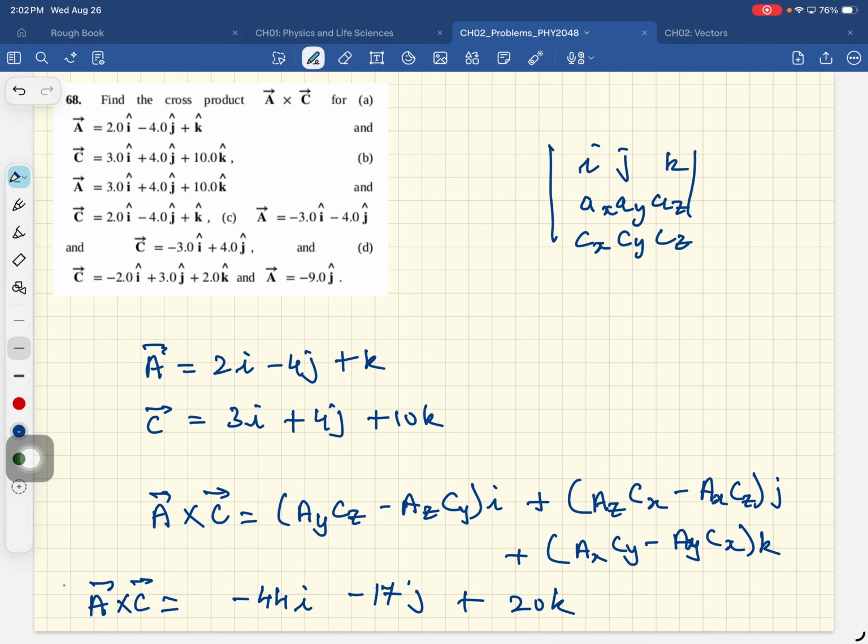And then AXCY, that's minus 12 and minus 8, so minus 20. And this should be negative of that previous one, which it is.